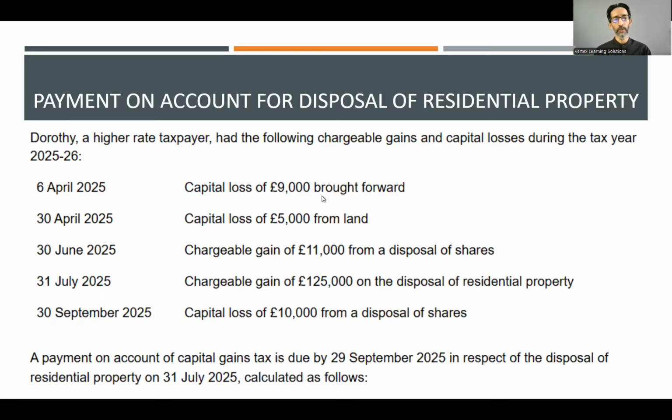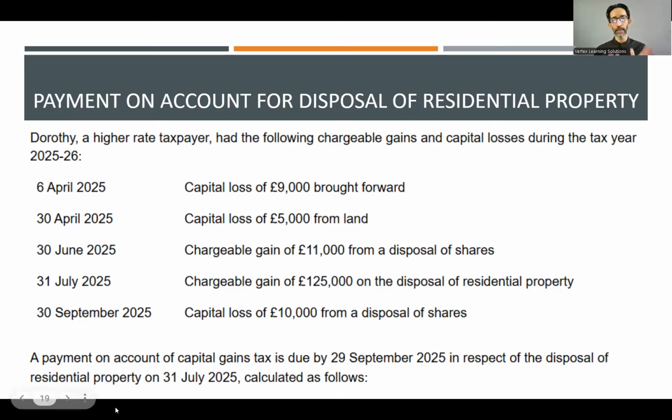During this year, there was a capital loss of 5,000 from land, in April. Then in June 2025, a chargeable gain of 11,000 from a disposal of shares. Then on 31st of July 2025, a chargeable gain of 125,000 on the disposal of a residential property. Finally, there was another capital loss after the gain on the residential property of 10,000.